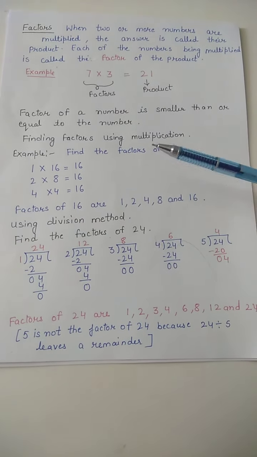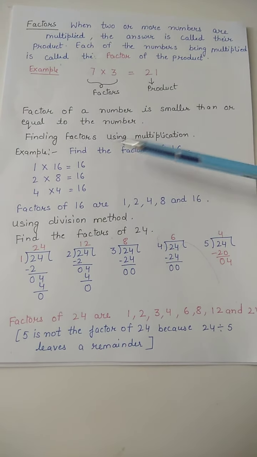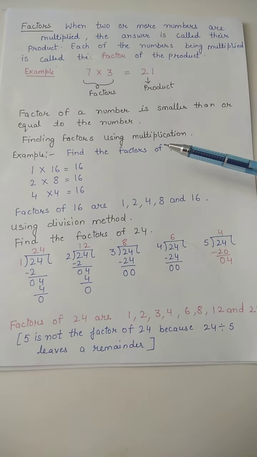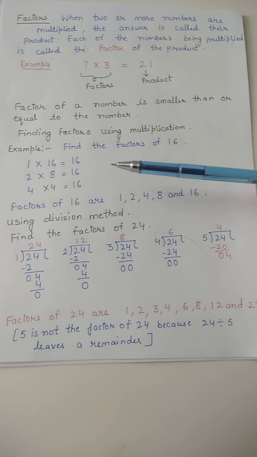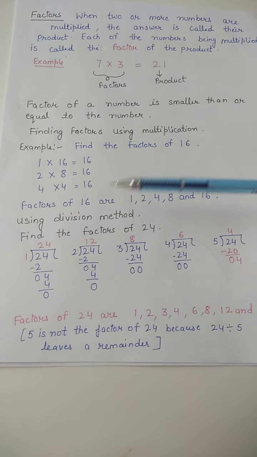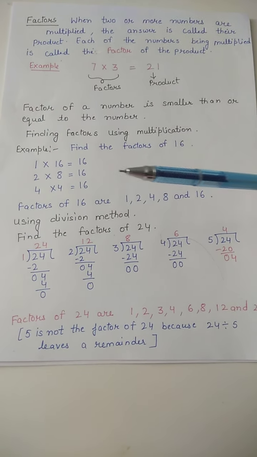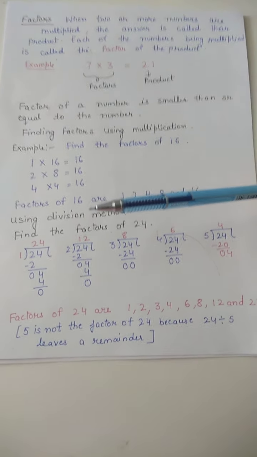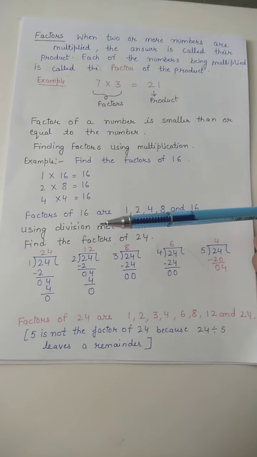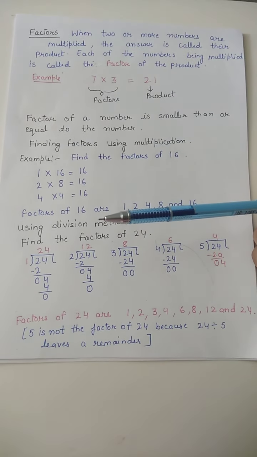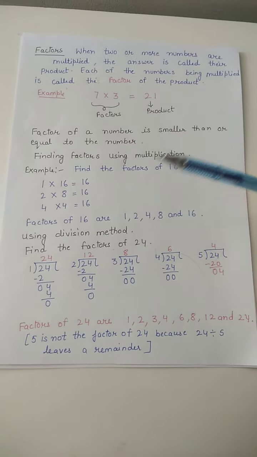Now come here, I will explain more about finding factors using the multiplication method. Find the factors of 16 by multiplying. For this you should learn the tables, everyone, right? Because tables are very important for finding multiples, factors and many other things. So please learn the tables.